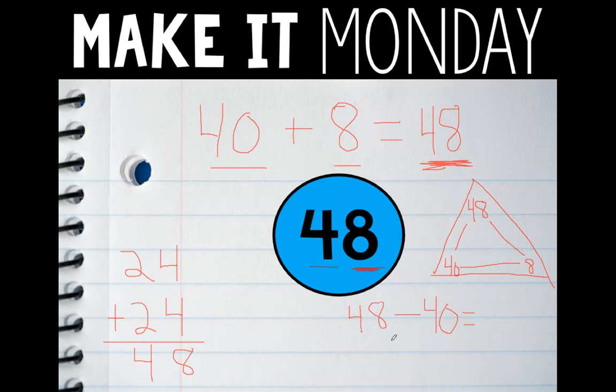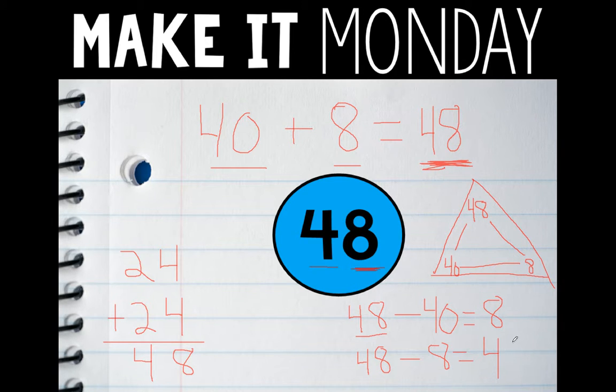Although I did not get a number that equals 48, I used 48 in my equation. I could also do that reverse as well. I could say 48 minus 8 equals 40. That's what's so great about number talks. They can take you to all kinds of places.